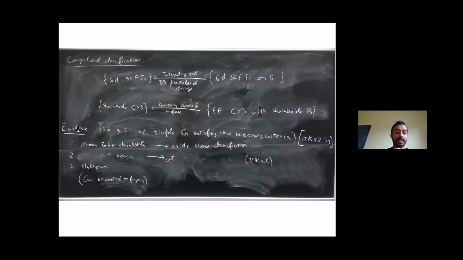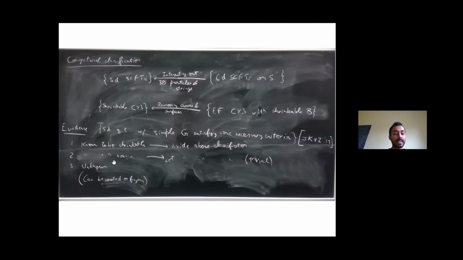So, as I described, the best evidence we have so far for this conjecture is by looking at 5-dimensional gauge theories with simple gauge algebra, which are expected to UV complete to 5D SCFTs because they satisfy some necessary conditions, studied by Jefferson, Kim, Bergman, and Zafrir in 2017. These theories can be divided into three classes. The first, which is the generic case, is the ones for which the Calabi-Yau three-fold is known to be shrinkable, and they all lie inside this conjectural classification.